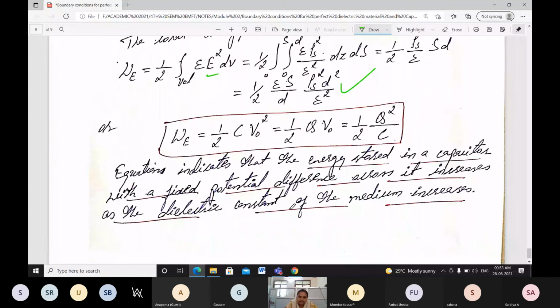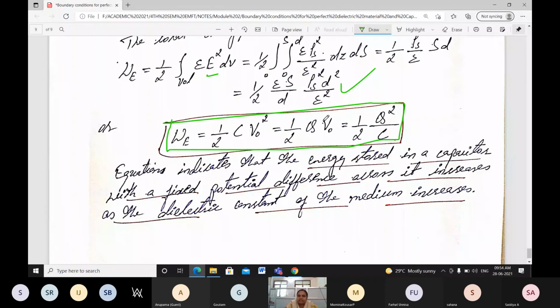Therefore, in general, in terms of capacitance, I can write the work as WE equals 1 by 2 C V naught square, or 1 by 2 Q V, or 1 divided by 2 Q square divided by C. This is the total work required for the capacitance.